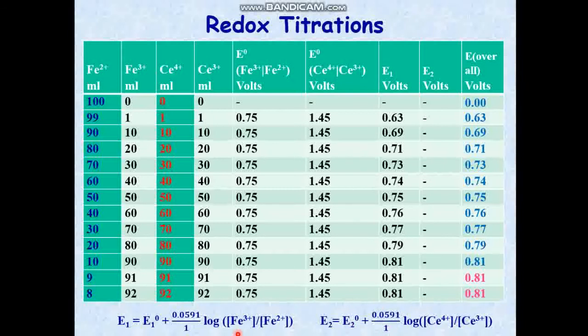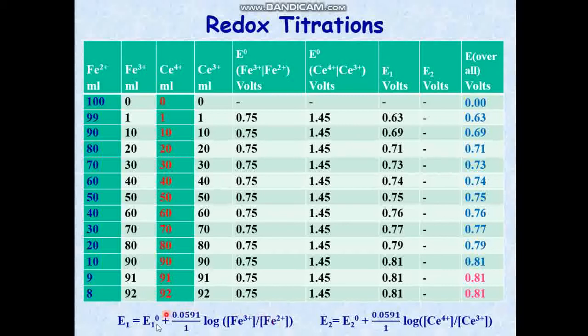In this Nernst equation, E1, the redox potential of the system, is E10, that is the standard electrode potential of iron, plus 0.0591 by 1, the standard form, equation number 6 of the Nernst equation as I said earlier, times the logarithm of the concentration of the oxidant form by the reductant form. Here we are using a plus sign, that means the oxidant will be in the numerator and the reductant will be in the denominator.